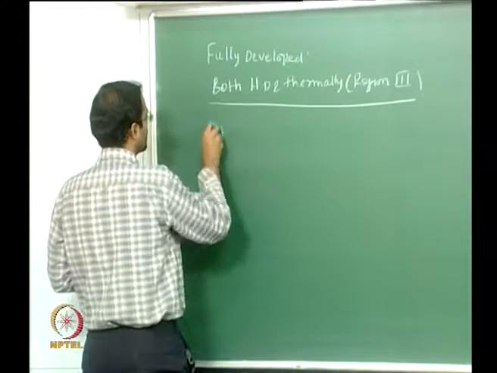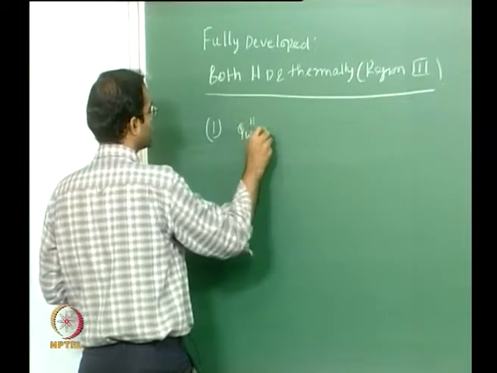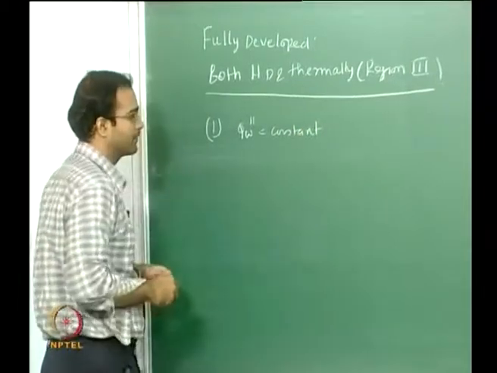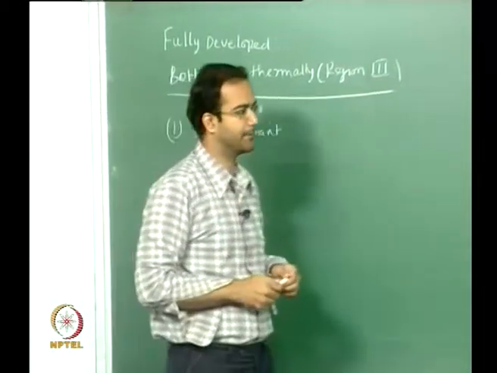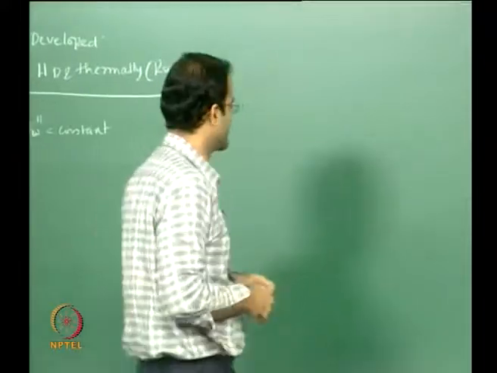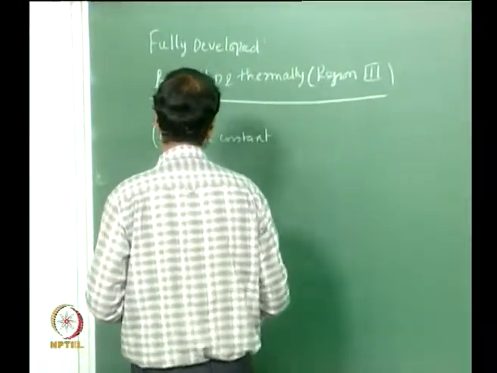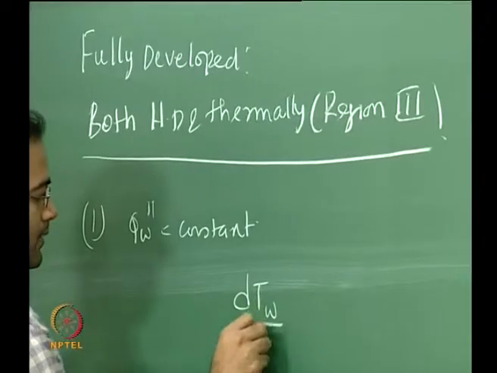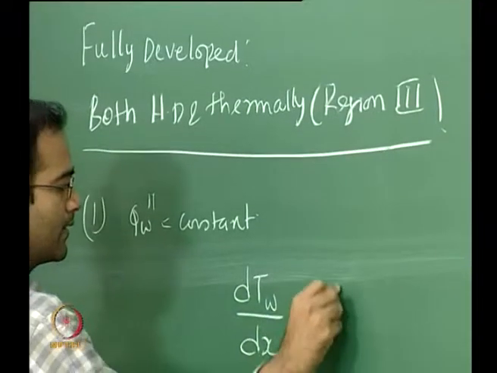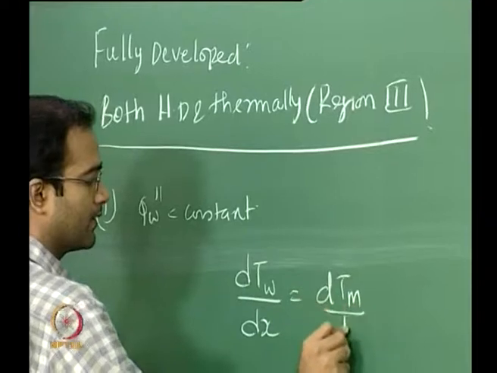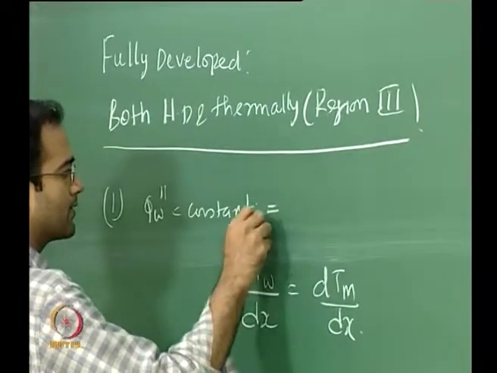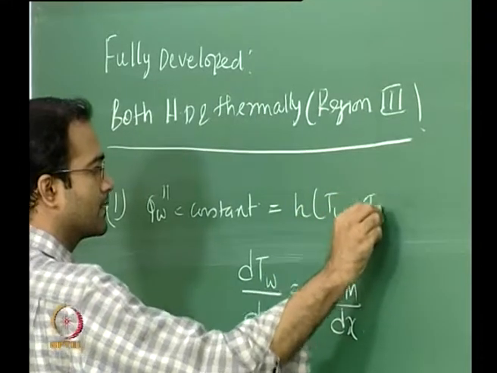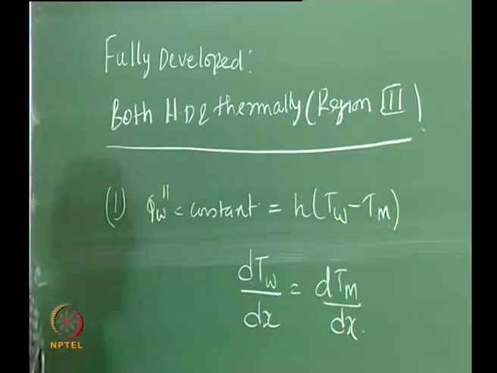So q wall double prime is constant, and for this particular case we have also shown that if q wall is constant, that means dT wall by dx should be equal to dTm by dx. This comes from the fact that q wall is equal to h into (T wall minus Tm).